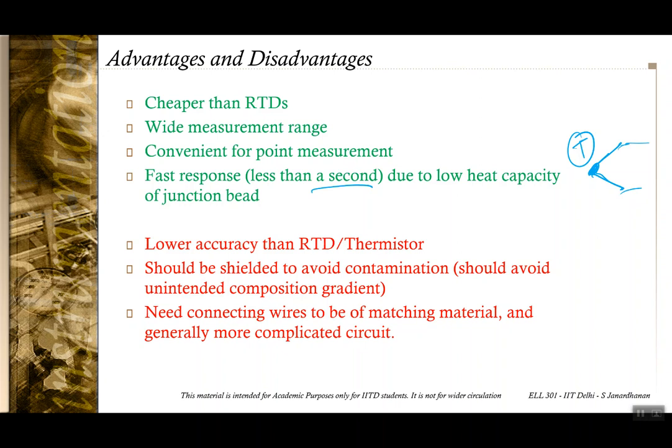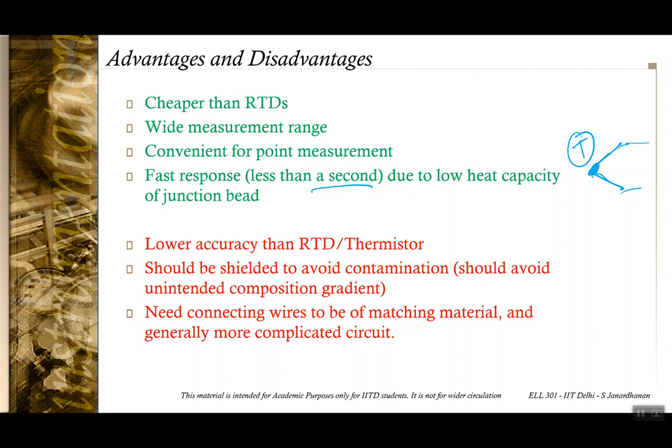However, the accuracy afforded by a thermocouple is lower than the accuracy that is possible in an RTD or a thermistor. Because in a thermistor, though sensitivity is low, the accuracy is quite high, and a larger accuracy can even be achieved by using a Wheatstone sort of bridge.